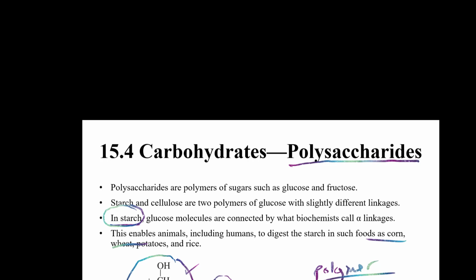Now, if this linkage is not an alpha linkage, but a beta linkage, and that's really beyond the scope of this class, but if it's a beta linkage, this is what I want you to know. If it's a beta linkage, then we don't have a starch anymore.